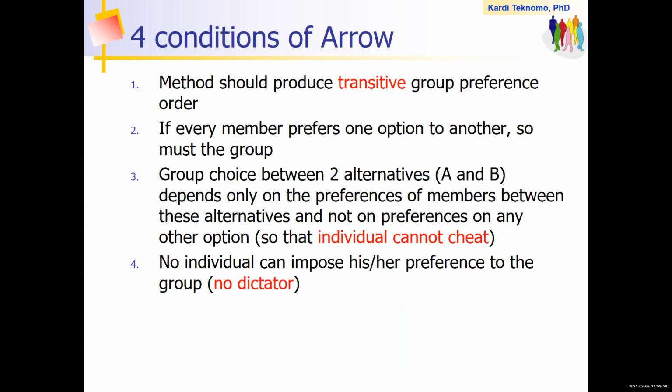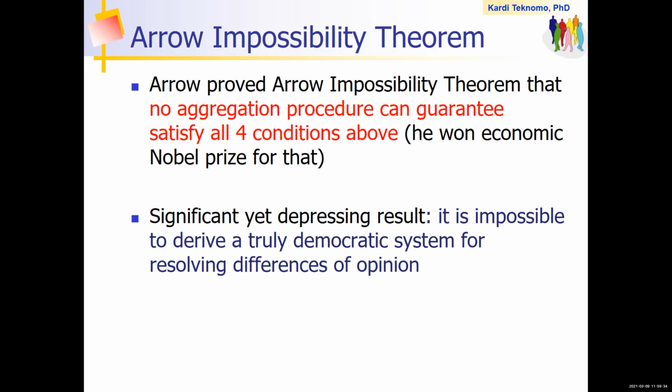Now, Arrow won a Nobel Prize by proving what is called the Arrow impossibility theorem. He proved mathematically that no aggregate procedure can guarantee to satisfy all 4 conditions above. So this result is significant, but actually also depressing.